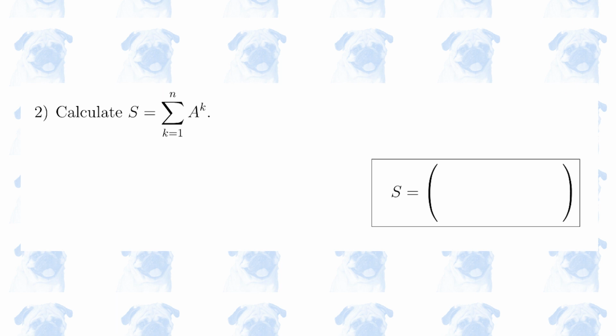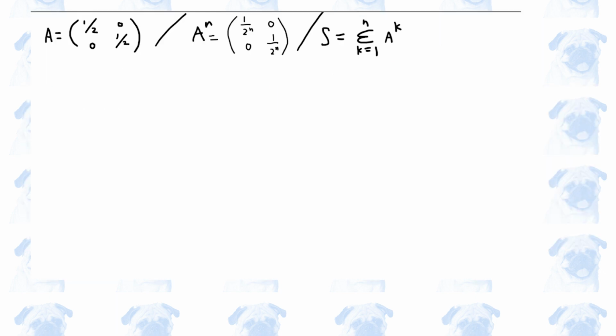Section 2, number 2. So based on the pattern that we observed in the previous question, we know that we get a geometric sequence like this, where the common ratio r is 1/2. What is the formula for calculating the sum of a geometric sequence?